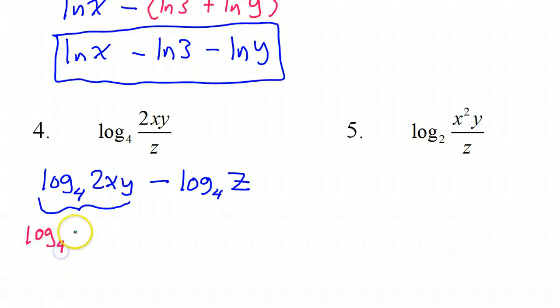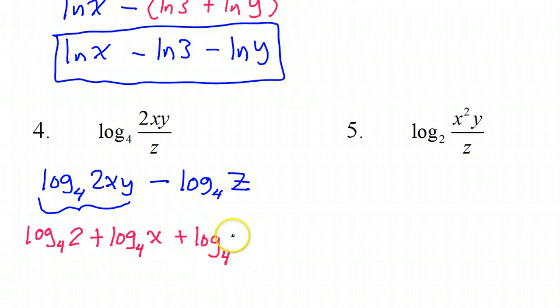Log base 4 of 2 plus log base 4 of x plus log base 4 of y. All right? That all comes from this first log. And then I'm going to bring down my log base 4 of z.